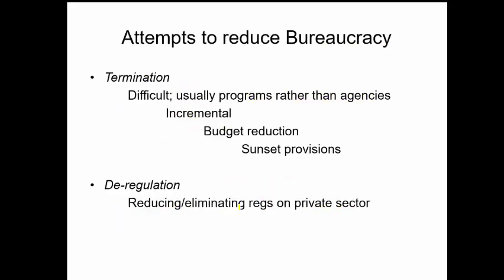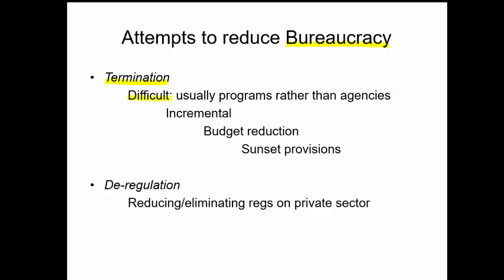Just a couple more things. How do we try to reduce the bureaucracy? Because every administration is worried about the expansion of government, which is very difficult to prevent as we get bigger and more complex and more populated. Now, one thing that they can literally do is cut a program or terminate a program.